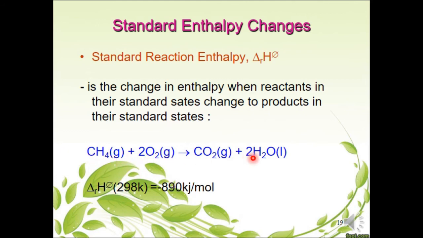So if you have this reaction here, we use the enthalpy of formation to find the enthalpy of reaction. We find the enthalpy of formation for the individual products minus the reactants, so we get the enthalpy change of reaction. This is an exothermic process because it is negative.